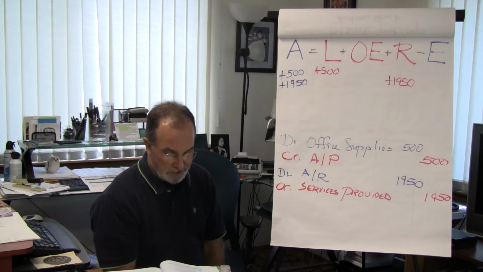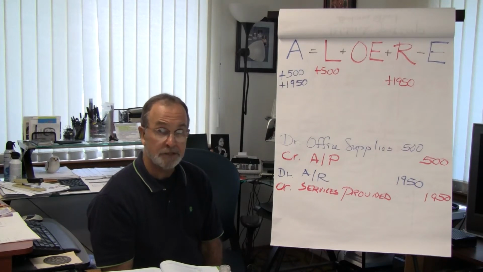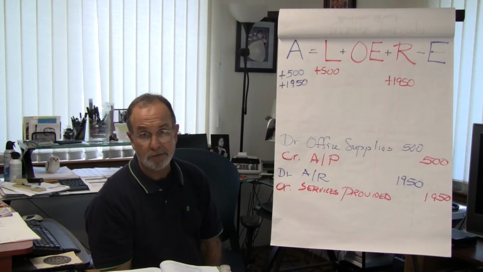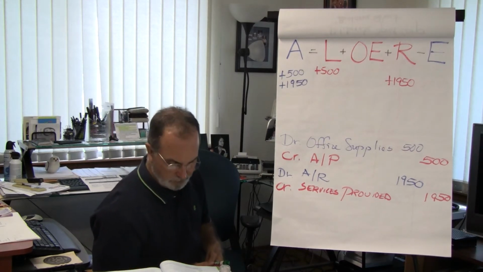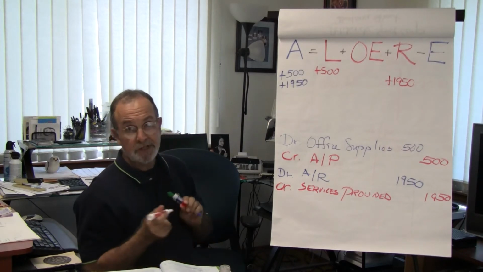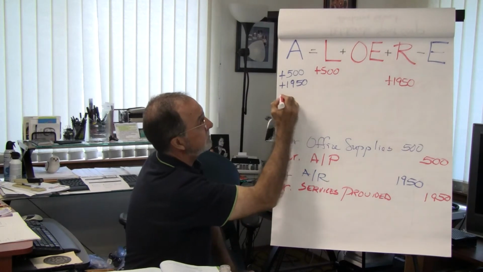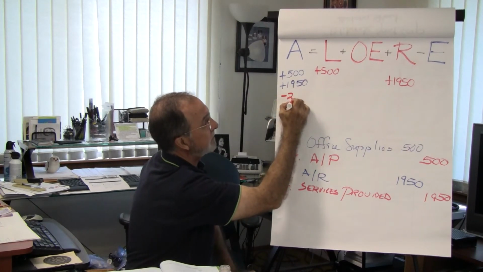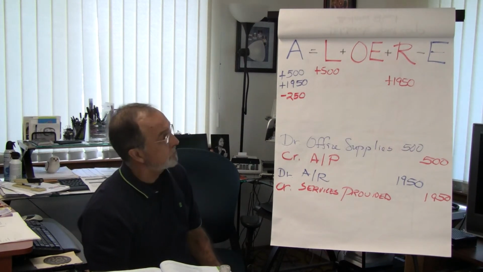The April transaction on April 8th is for payment of a past purchase on account, or a past purchase on credit. And the payment amount is $250, and we're paying cash. So cash is an asset, so we will subtract $250 from the asset cash.